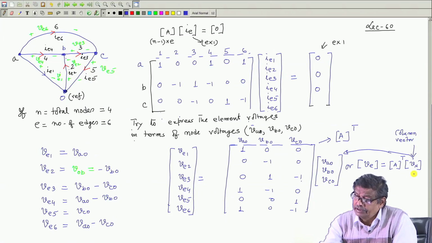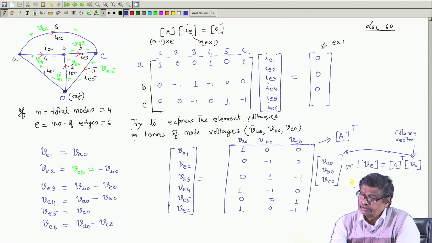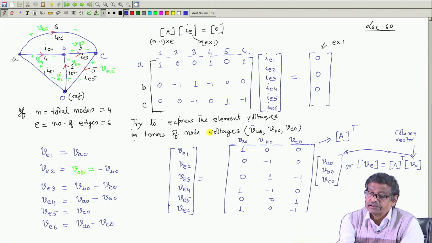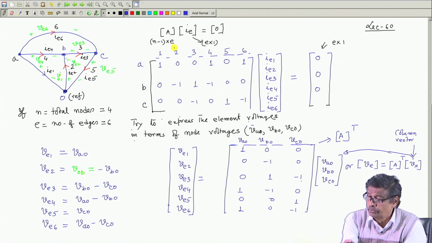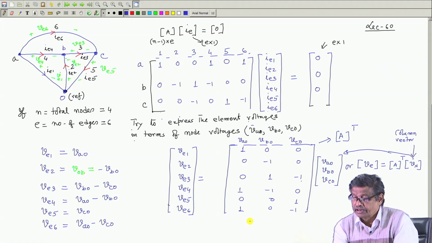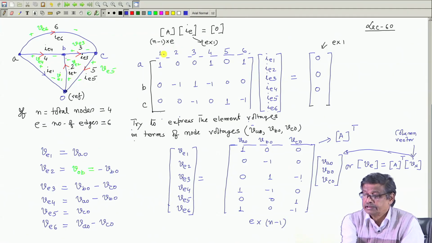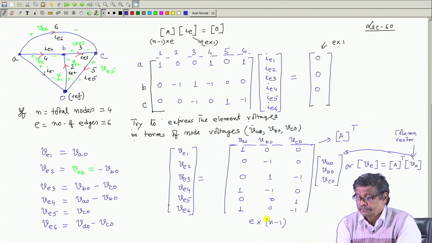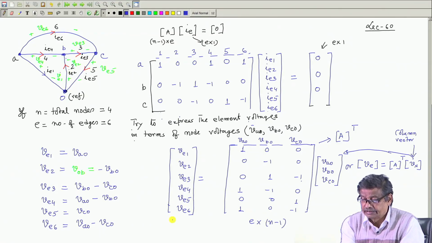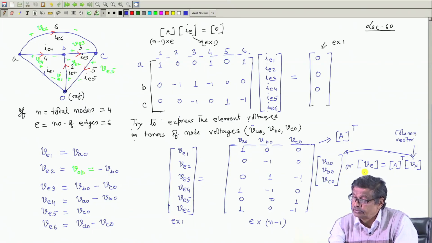Now, what will be the size of this V n? First, let us see the size of this A transpose matrix. The A matrix was n minus 1 into E, so A transpose must be E by n minus 1, because A matrix size was this. This is the element voltage vector, so its size will be E into 1 column vector.